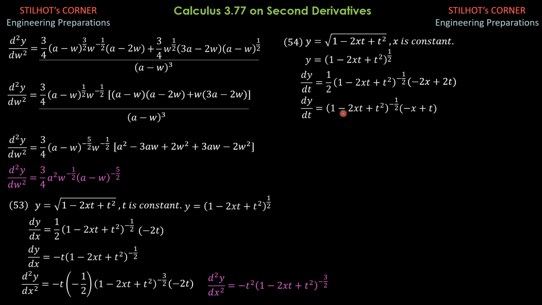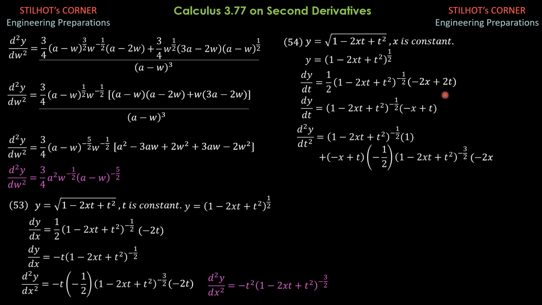So next we have derivative of product. So second derivative of y with respect to t is first quantity 1 minus 2xt plus t squared to the negative 1/2 times 1, because this is constant, 0 derivative, then derivative of t with respect to t is 1, plus second quantity negative x plus t times negative 1/2 quantity 1 minus 2xt plus t squared raised to negative 3/2 times again negative 2x plus 2t.